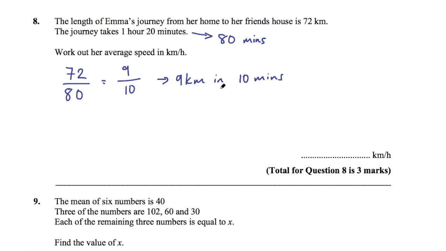So if we know she did 9 kilometers in 10 minutes, we can multiply both of those by 6, and we'll know how many she did in an hour. So 9 times 6, that's 54 kilometers, and 10 times 6, that's 60 minutes. So we just multiplied by 6 there, and so now we know that her average speed was 54 kilometers per hour.